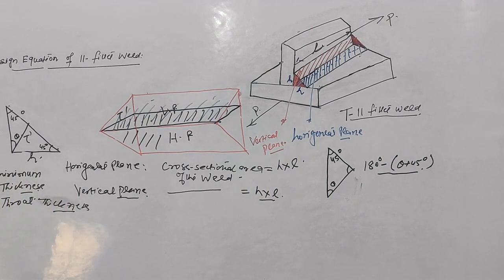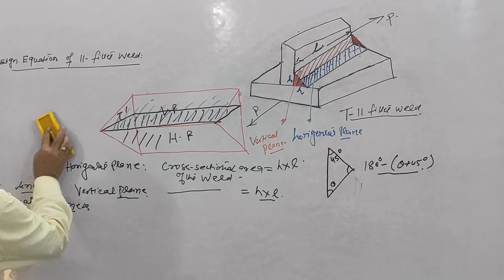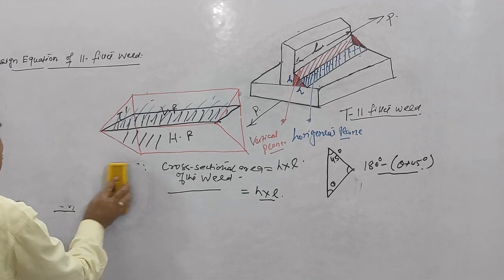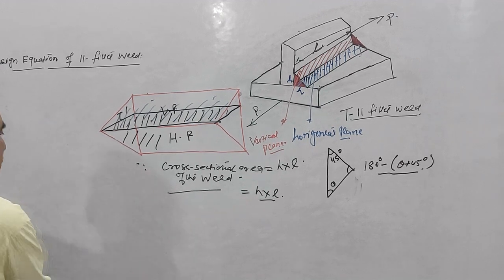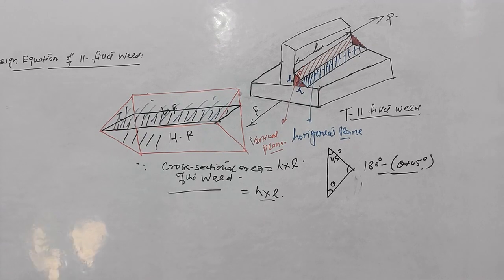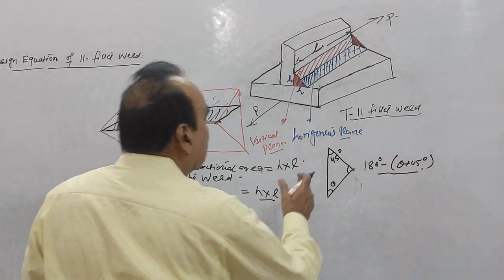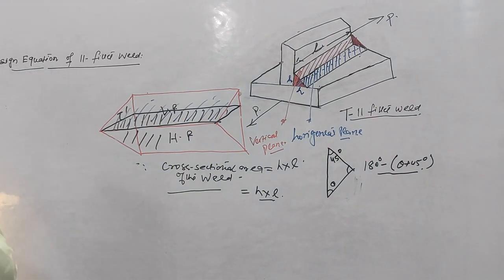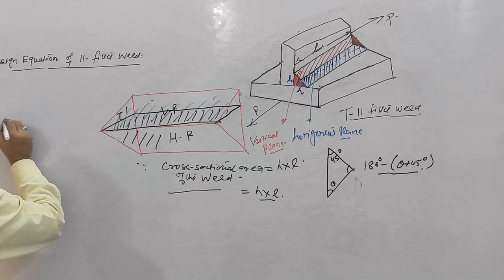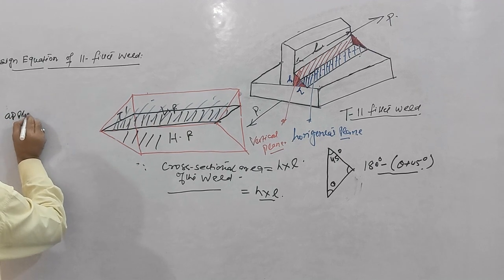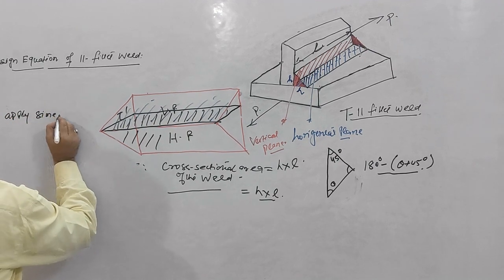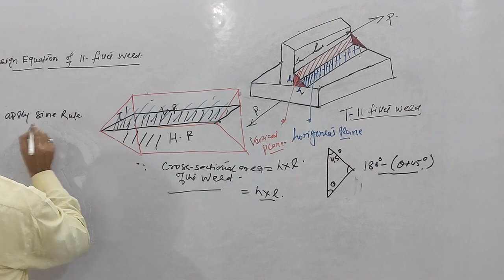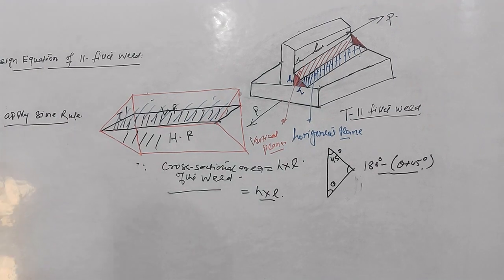So for calculating the minimum cross sectional area, just understand this. This is your triangle. Now just consider this triangle. So apply sine rule here. Mathematics जहां पे करेंगे हम trigonometry, apply sine rule.